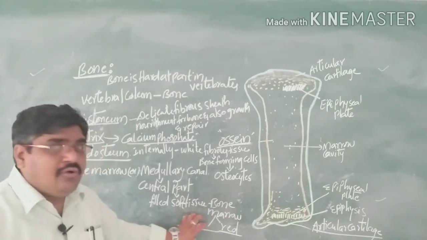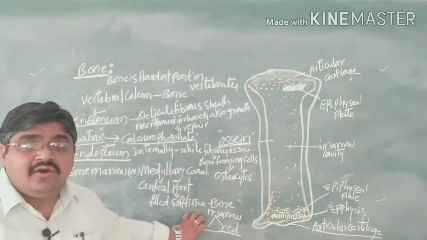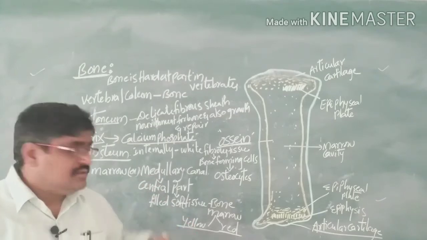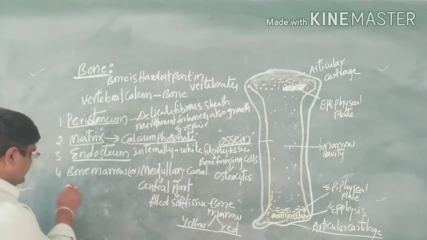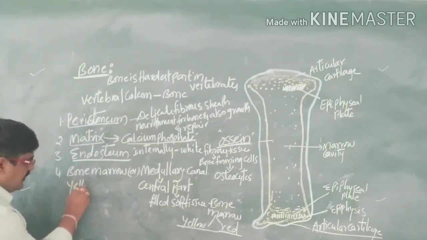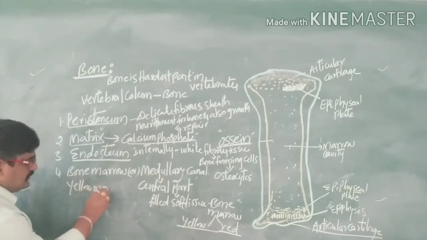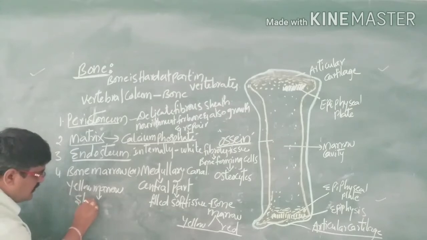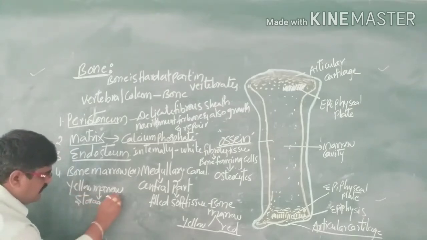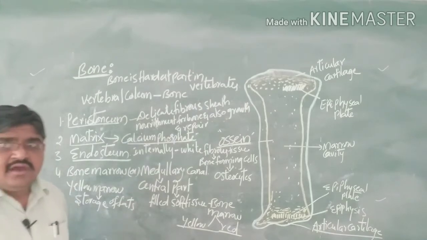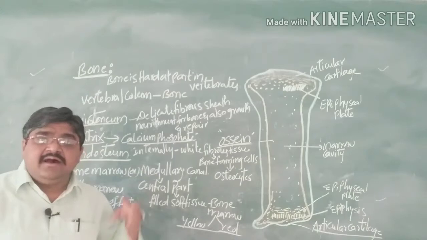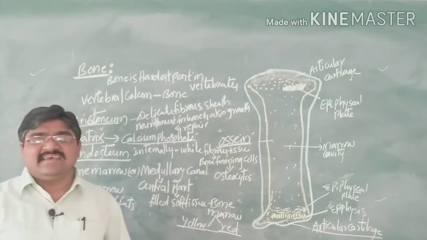Yellow marrow is helpful for the storage of fat, and red bone marrow is helpful for the synthesis of red blood corpuscles.